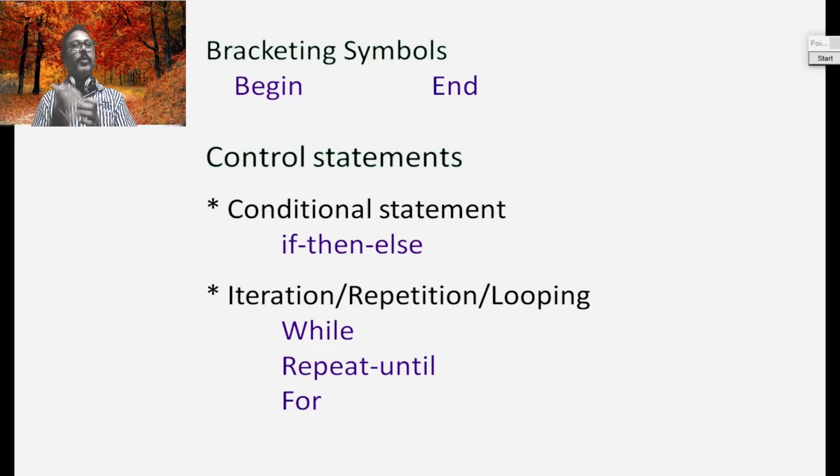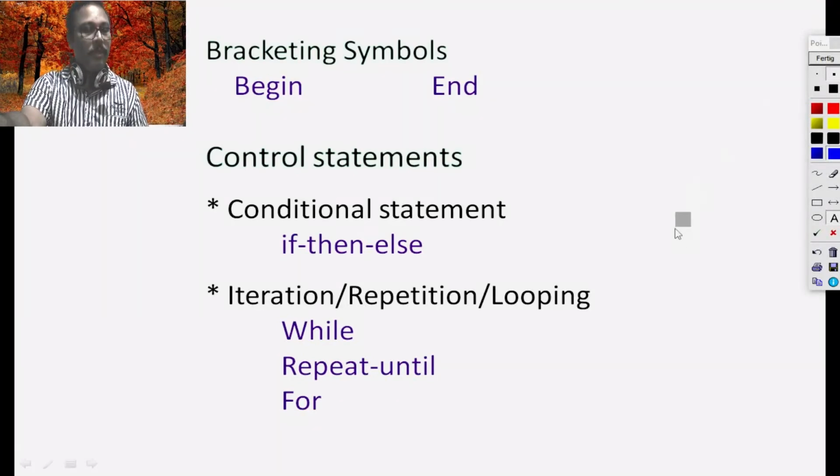If you write the statements one by one, first statement 1, next 2, then third statement 3, these are not just numbers, these are statements. Then first 1 will be executed, 2 will be executed, and then 3 will be executed. That means they will be carried out.